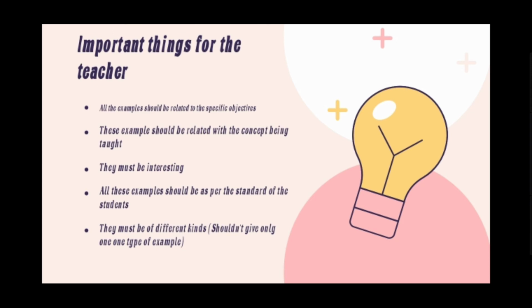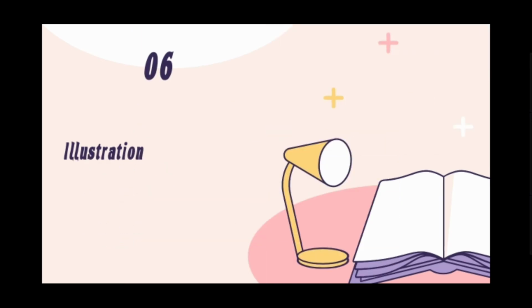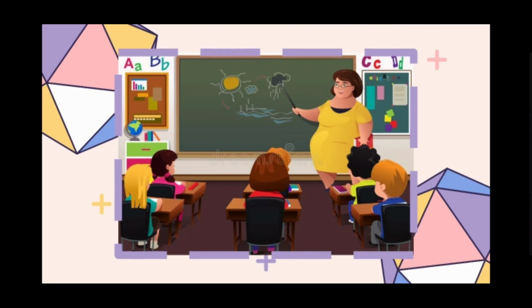And they must be interesting. And the next, all these examples should be according to the standard of the students. And the last, they must be of different kinds; the teacher shall not give only one type of example.